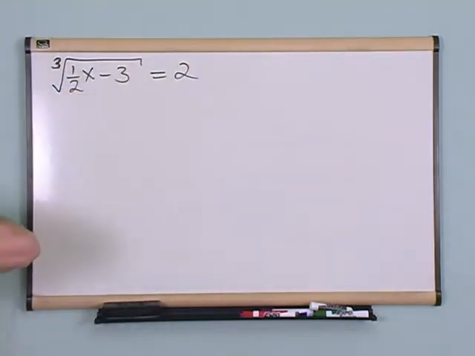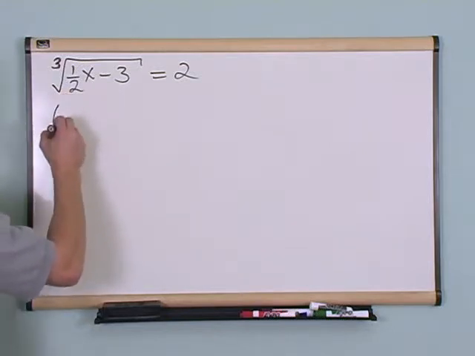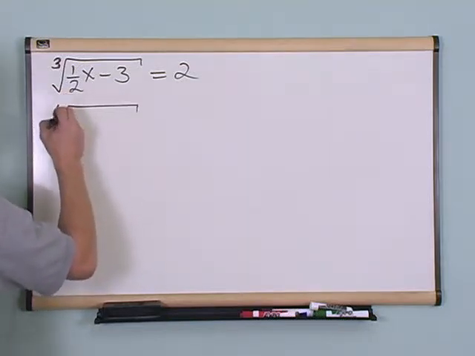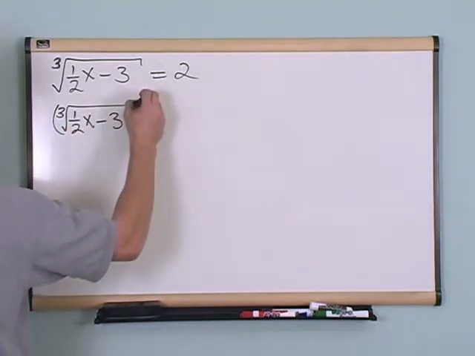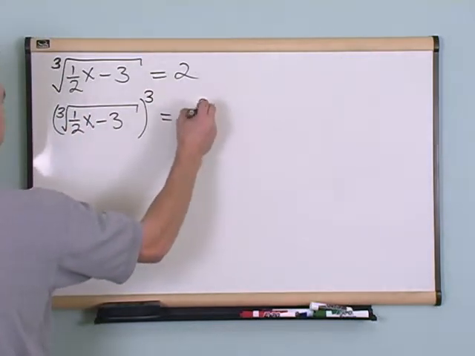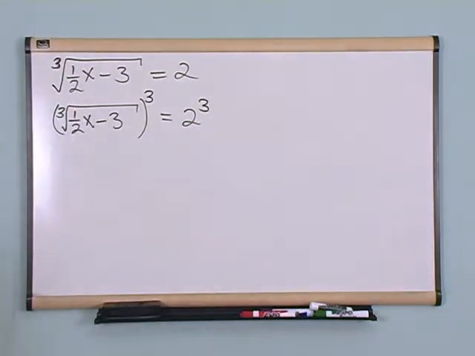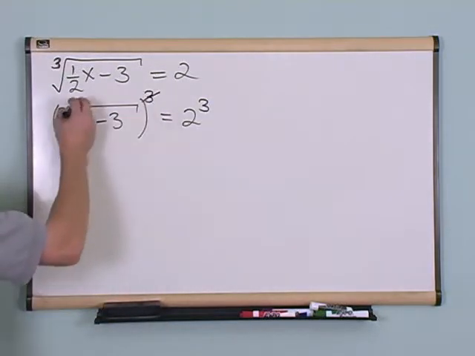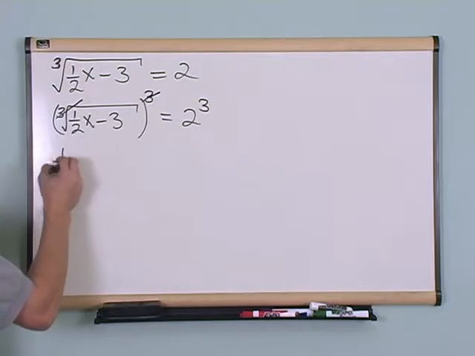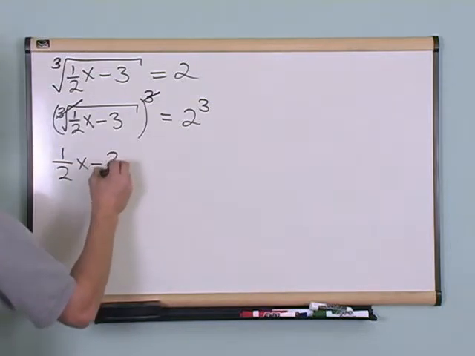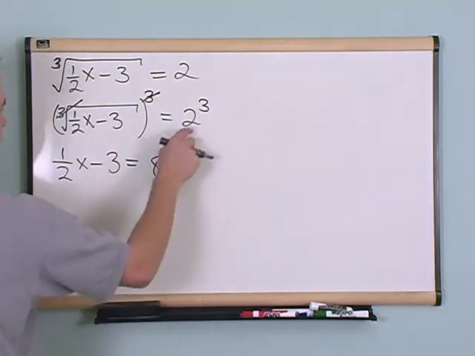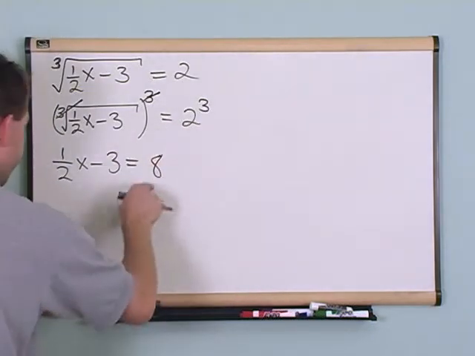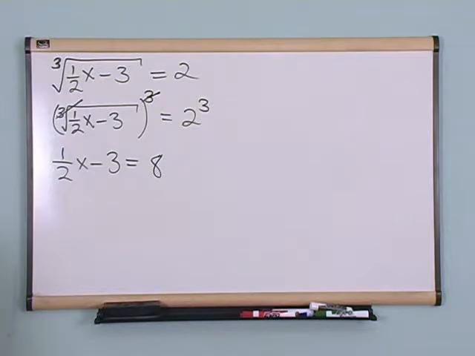I've got to get rid of this cube root, and the way I do that is by taking everything here, raising it to the 3rd power, raising the right-hand side to the 3rd power. Okay? The cube cancels with the cube root. I'm left with 1/2 x minus 3 equals 2 to the 3rd power is 8. 2 times 2 is 4. 4 times 2 is 8. So that's why you get that.